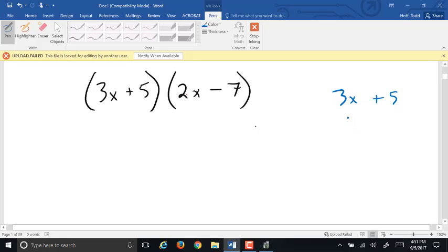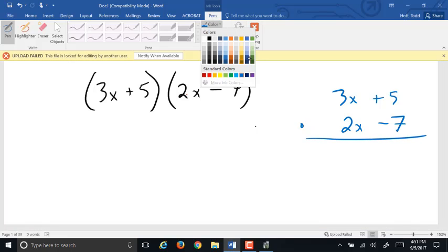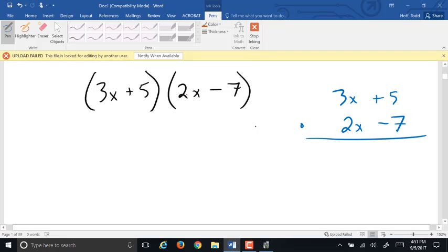Write it out as 3x plus 5 times 2x minus 7. As we saw when we did our multiplication with our whole numbers, we start with the last digit of the bottom number, in this case, the negative 7, times the last digit on the top number. Negative 7 times 5 is negative 35.